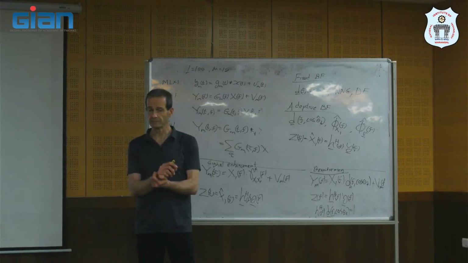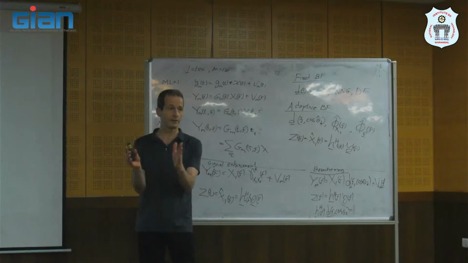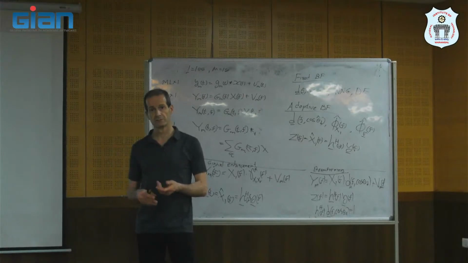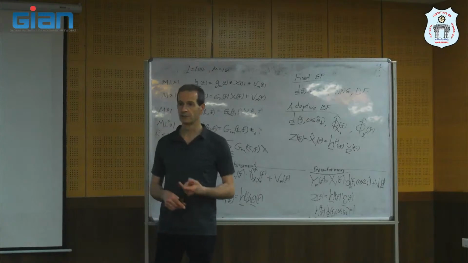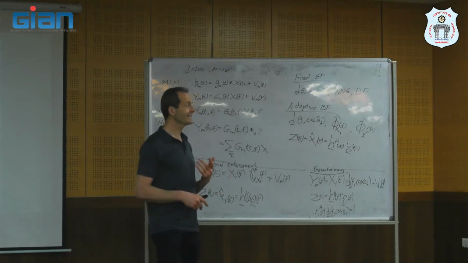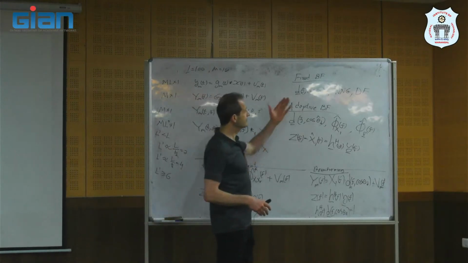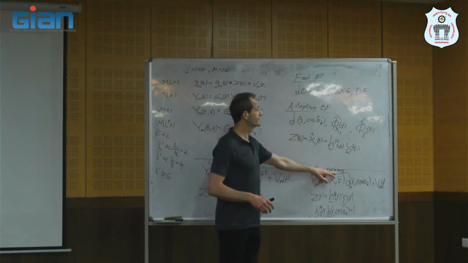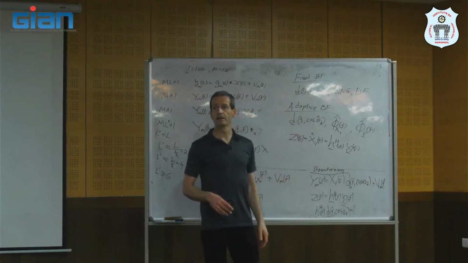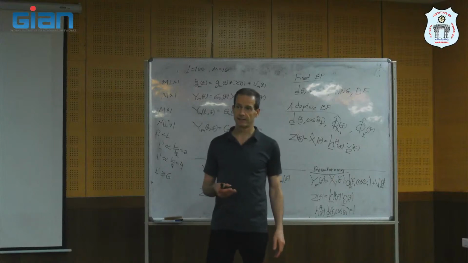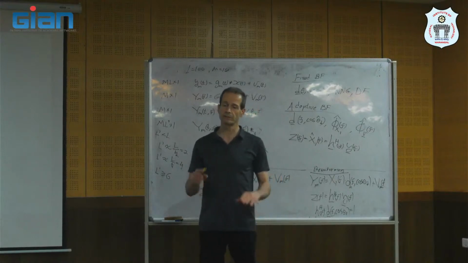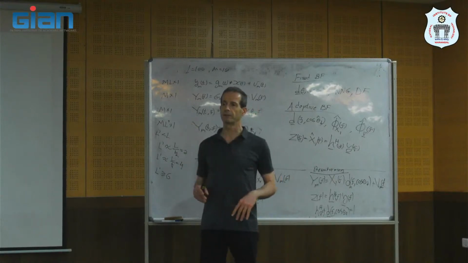In addition, we can try to design constant beam width beamformers. There are some methods. We can try to design a desired beam pattern. So somebody tells us, I want this beam pattern.